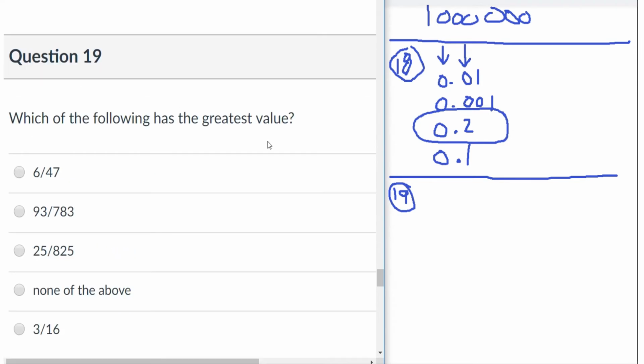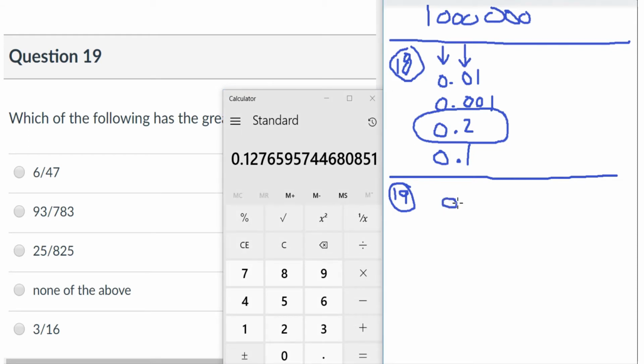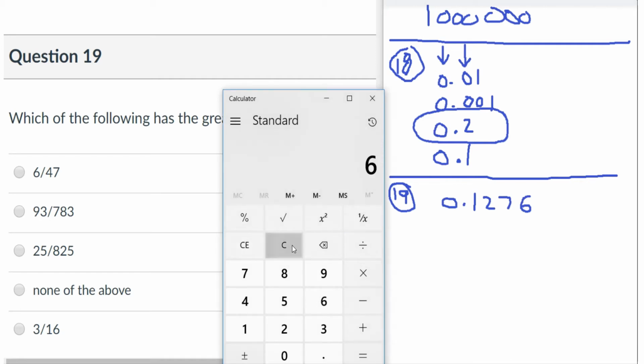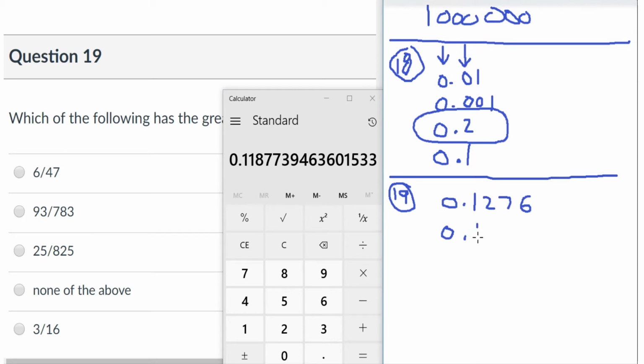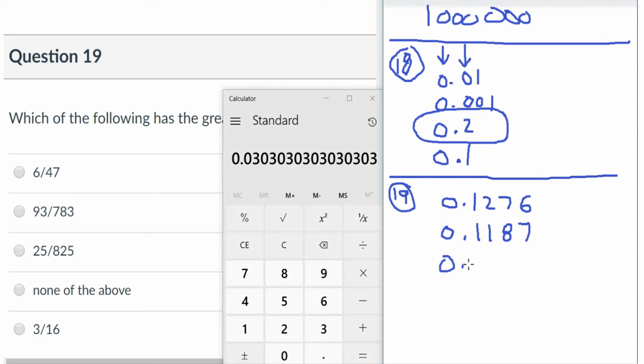All right, for 19, they got some really funny numbers. So let's punch these guys in. Same strategy. Turn everything into a decimal and we'll compare. So I'll just keep a few decimal places just in case. 0.1187. 25 divided by 8 1/4, you get 0.0303.